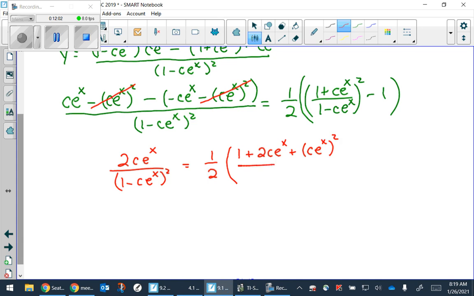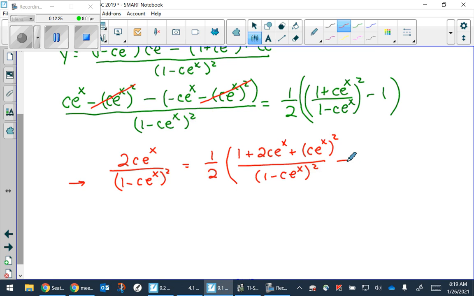I'm not going to actually multiply out the bottom. I'm going to call that (1 minus c e to the x) squared. Because that gives me a common denominator on the left side of the equal sign and the right so far, doesn't it? Then minus 1.